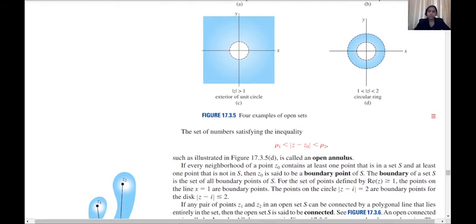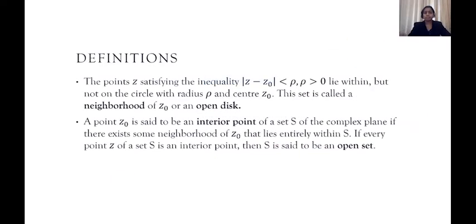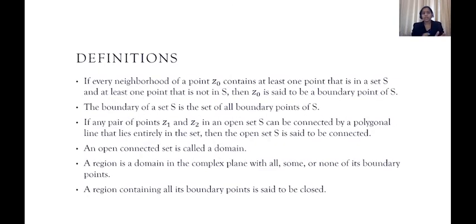Now we'll move on to some more definitions, about the boundary points and so on. These are a few definitions which you have to keep in mind. If every neighborhood of a point z0 contains at least one point that is in a set S and at least one point that is not in S, then z0 is said to be a boundary point. So I hope the concept is clear.